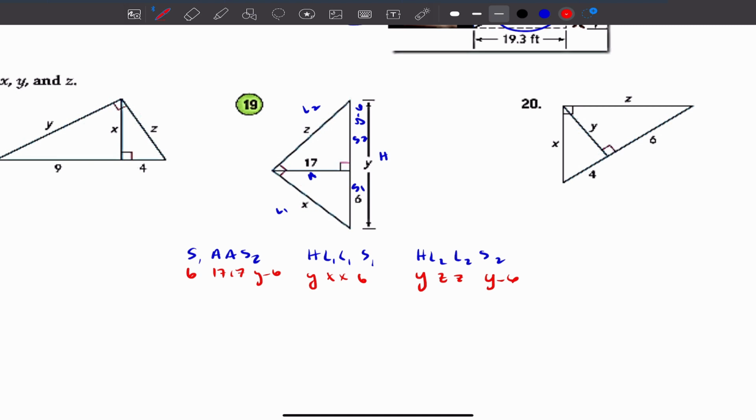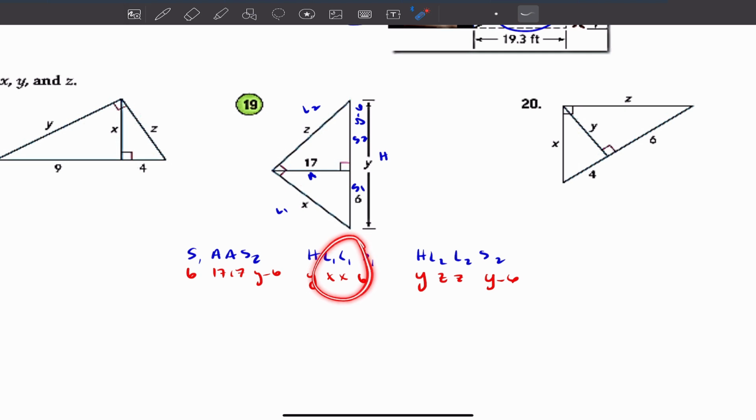Alright, I look at my organizer and ask, which one can I work with first? I can't work with this one because there are two variables here, a y and a z. We're going to get back to this one later.